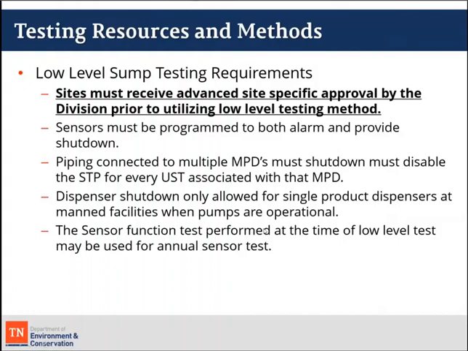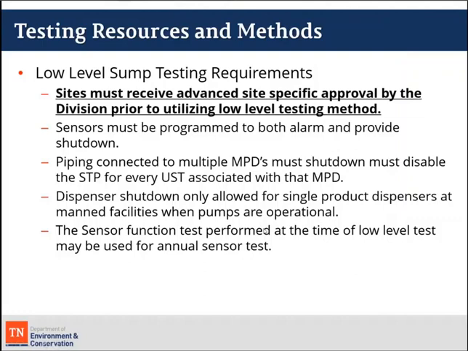And that applies to all the piping connected to MPDs. It must shut down the STP for every UST associated with that multi-product dispenser. So if you've got regular, premium, and diesel all run into all of your MPDs, all of those must be programmed to shut down in the case that fuel is detected.